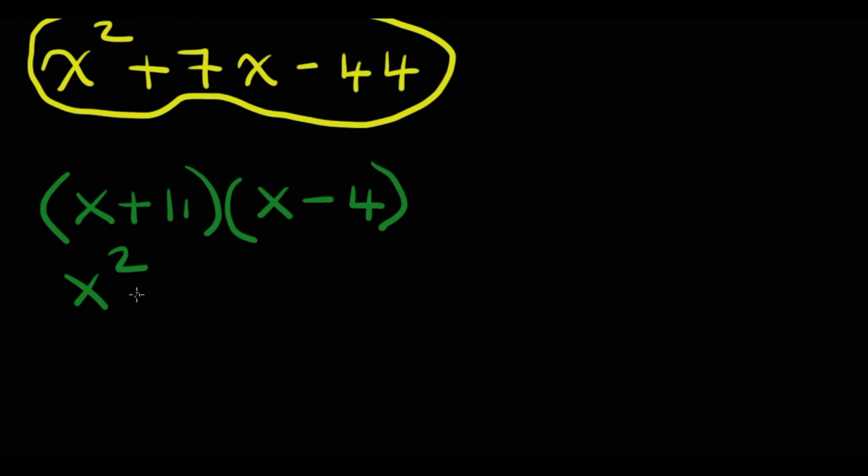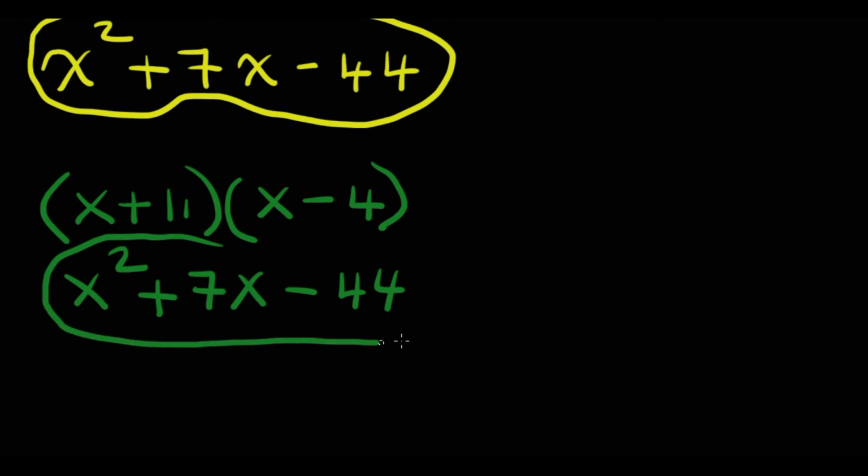Well, positive 11 plus negative 4 is going to be 7. So we have 7x. And that's the added. And then we multiply. Positive 11 times negative 4 gives us negative 44. So if you look at this, it's the exact same expression. And now we know it's right.